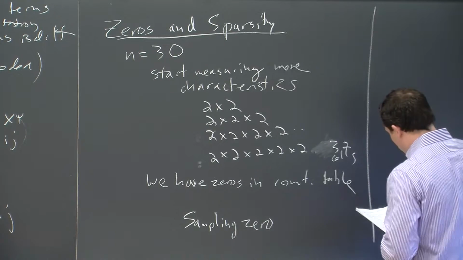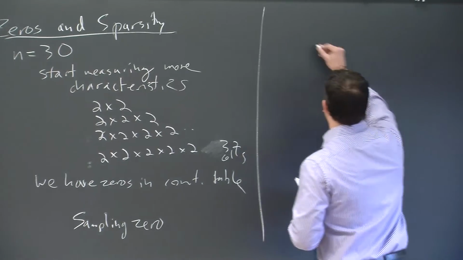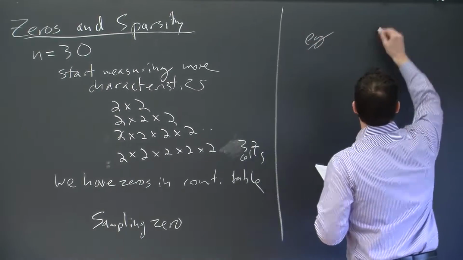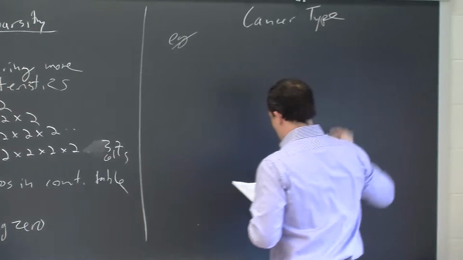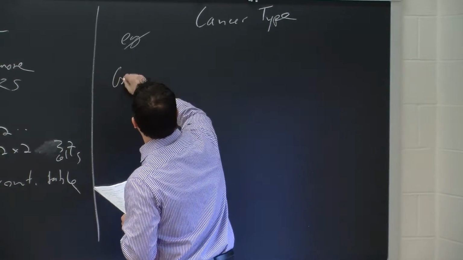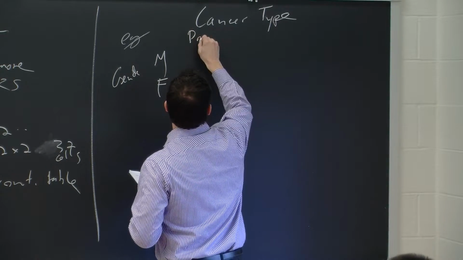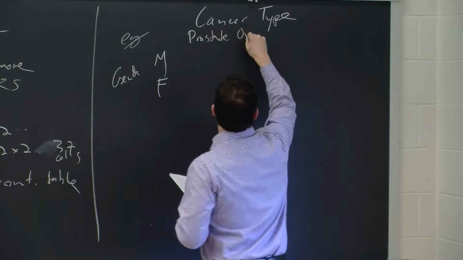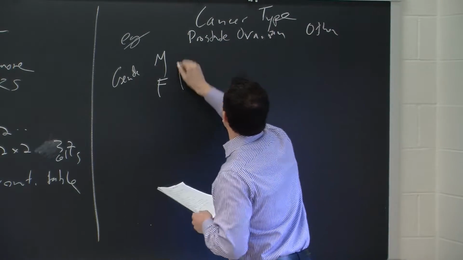Alternatively, we might be forced to have zeros for a theoretical reason. So for example, we could have a cancer study where we have cancer type, and we have gender, male, female, and we have prostate, ovarian, and other. And we make a table.